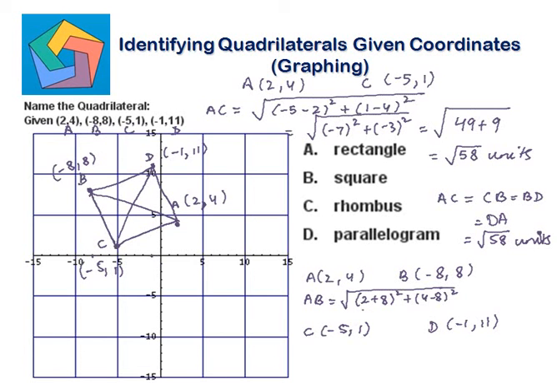So 2 plus 8 will be 10, 10 squared will be 100 and 4 minus 8 is -4, -4 squared is 16. So 100 plus 16 is 116. And CD will also equal square root 116 units. So AB is equal to CD is equal to square root 116 units. So therefore diagonals are equal, sides are equal, the quadrilateral is a square.